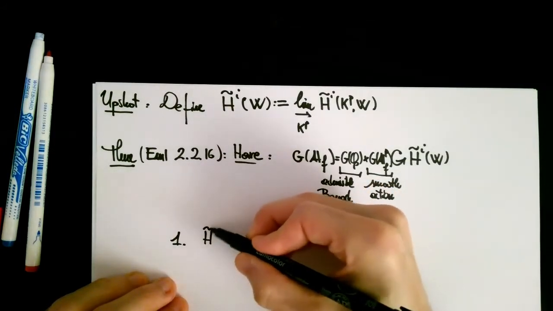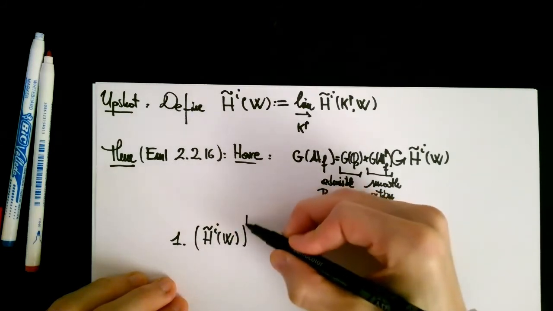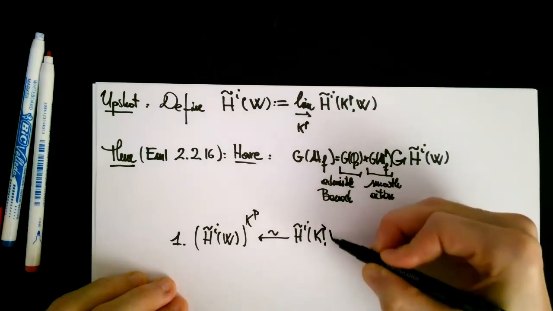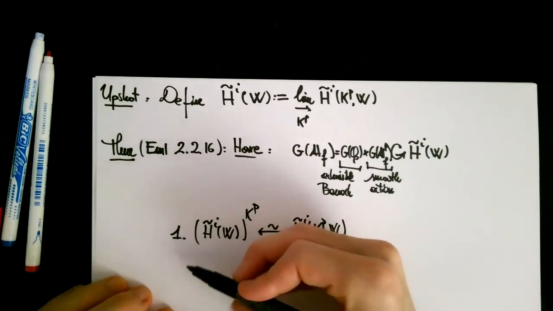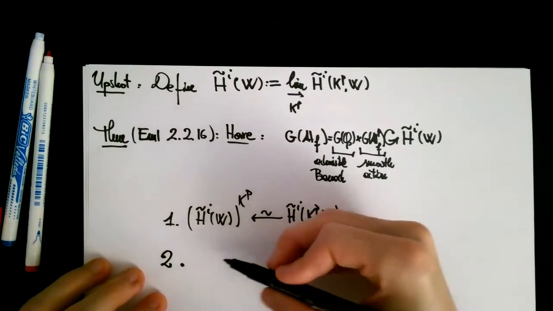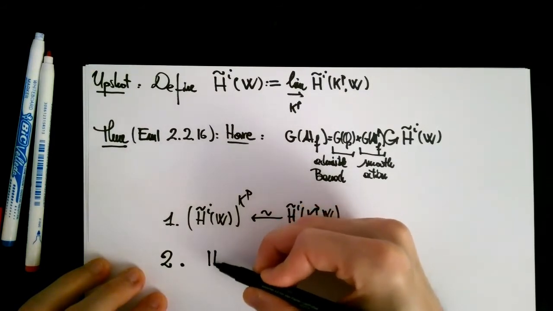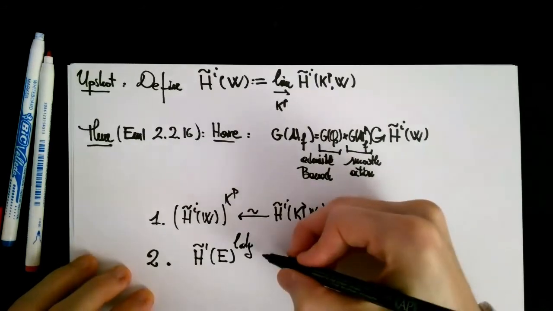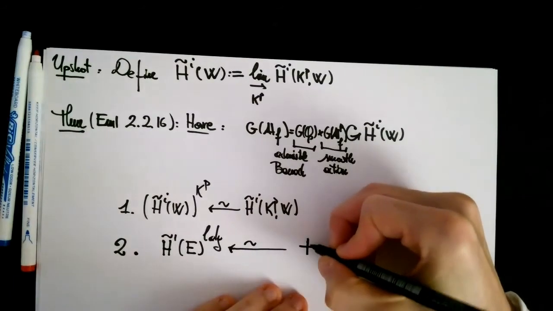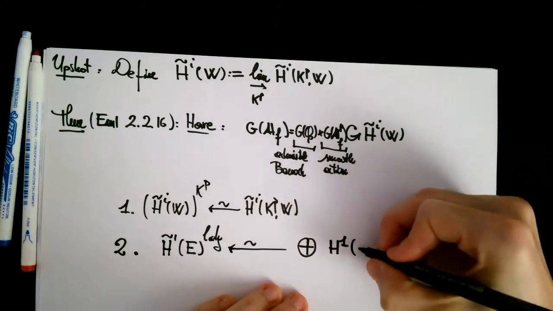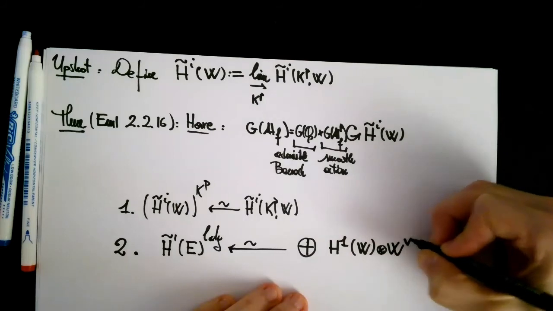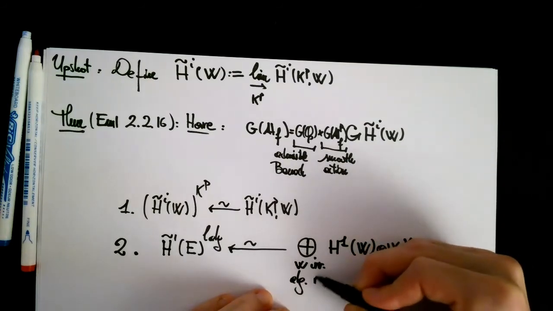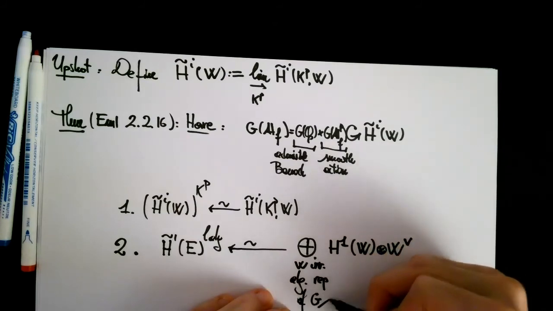So if I take the invariant vectors of H tilde^i of W, this is isomorphic to H tilde^i of K^p W. And the key point is that the space of locally algebraic vectors in H tilde^1 of E is actually given by the image of H^1 of W tensor W check over algebraic irreducible algebraic representations of G over Q_p.